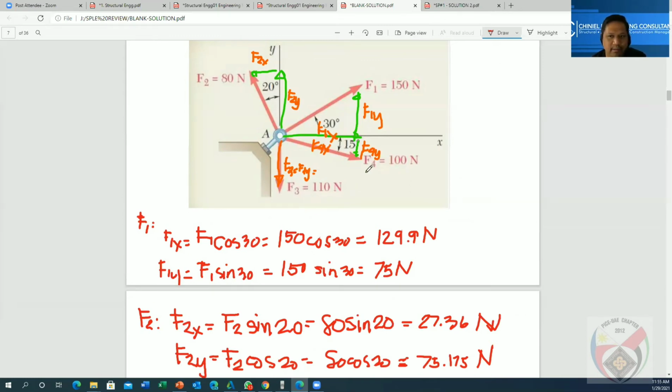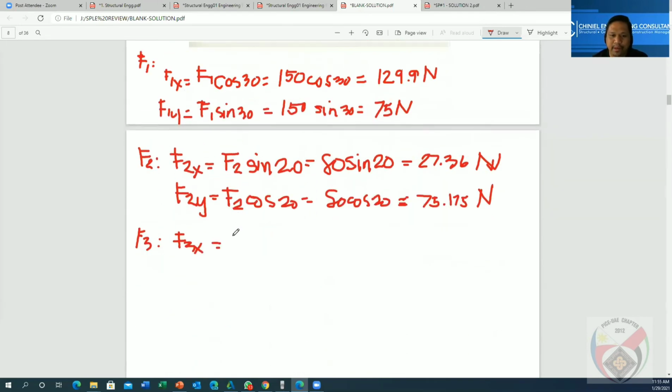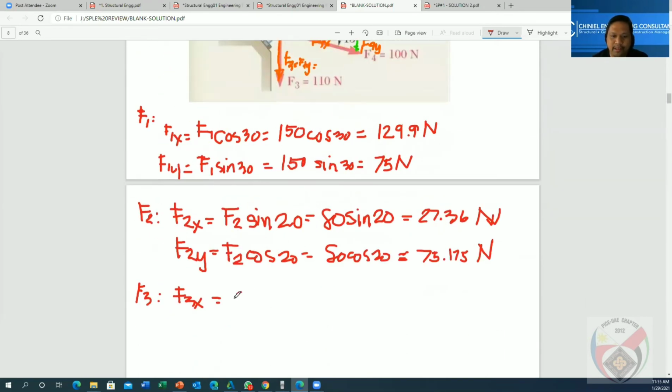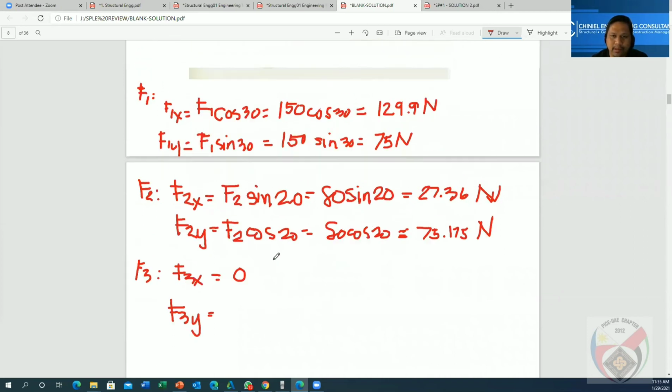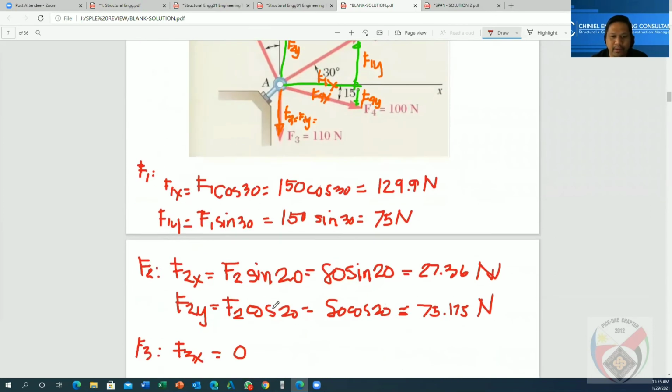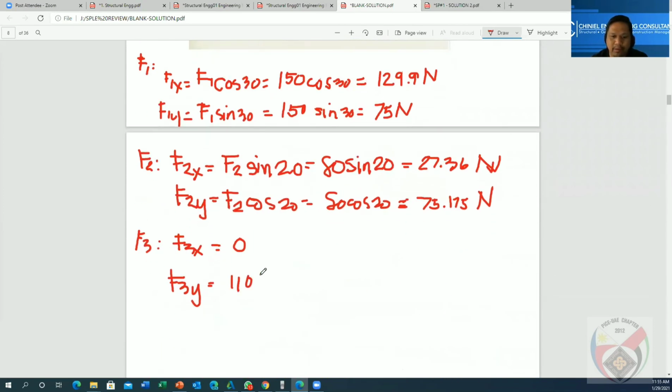From this diagram, from the free body diagram, it is 0, because it is directly vertical, going downward. So F3x is 0, and F3y equals F3, so 110 Newton.